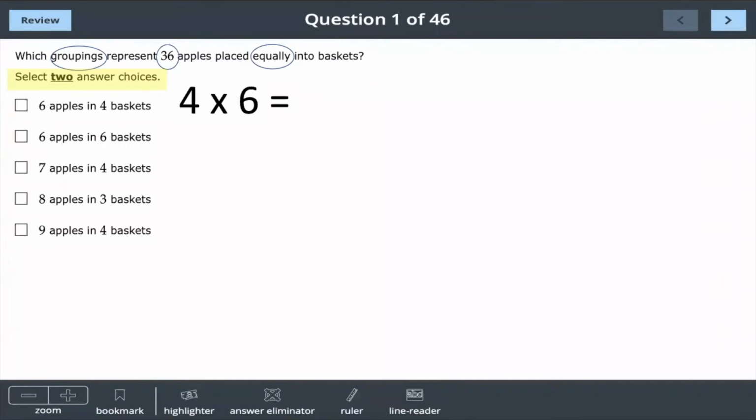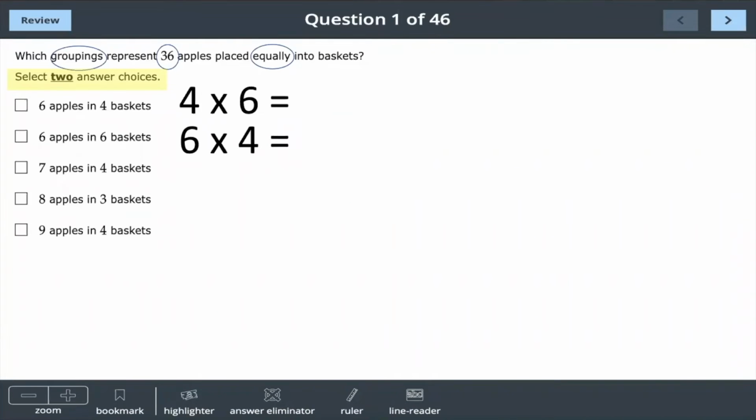4 represents the number of groups or baskets, and 6 represents the number of objects in each basket, which are apples. Because changing the order of the numbers still will give us the same product, we also can write it as 6 times 4.